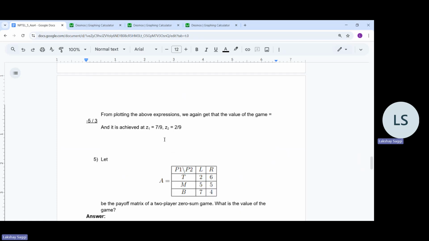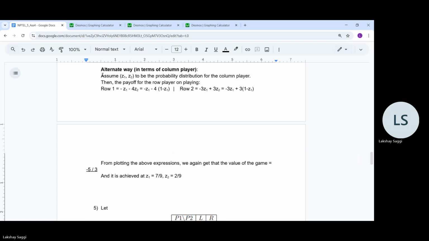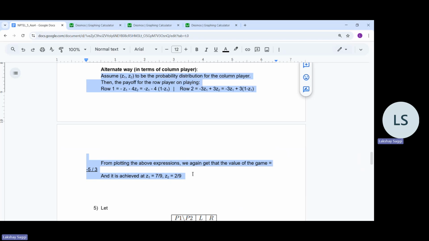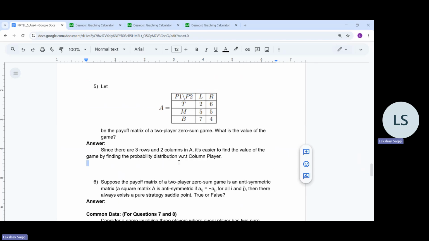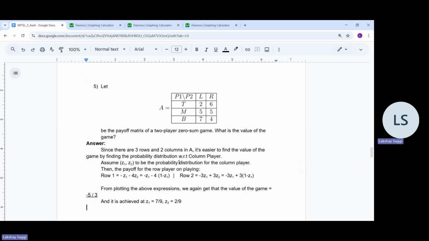So again, maybe I'll just copy this whole thing and change the values which we obtain. And obviously we'll need to plot a lot more things. So suppose Z1, Z2 is the probability distribution for the column player. The first column is played with probability Z1, the second with Z2.